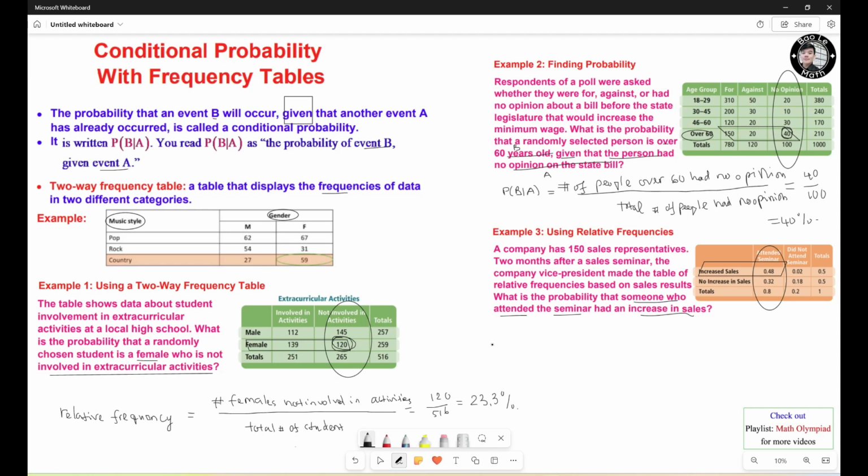Alright, so you have the probability of increase in sales given attended seminar.